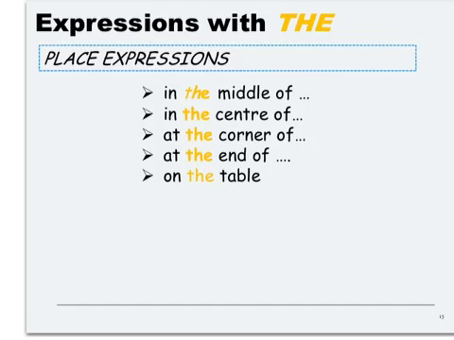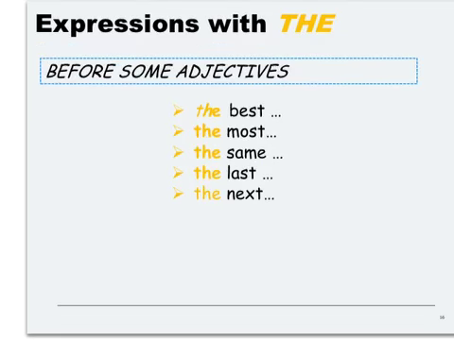Some other examples might be in the bottle, at the beginning, or on the floor. The is also used before some adjectives. Some common examples include the best, the most, the same, the last, and the next.